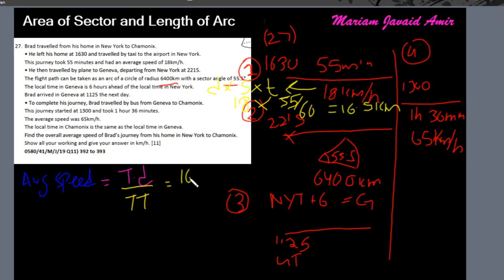Then for the next part of the journey, the flight takes the path of an arc of a circle with radius 6400. So we need this length.